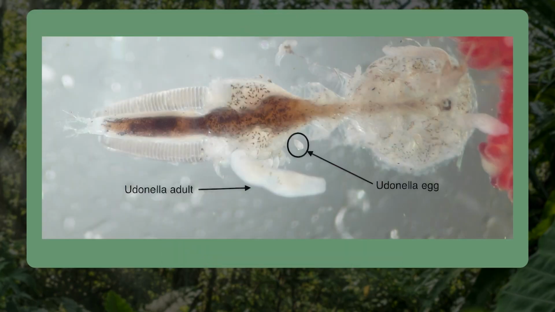Here you can see the Udonella adult attached to the posterior portion of this copepod, and then in the circle, an Udonella egg. So this adult Udonella has done its copepod host the favor of laying its eggs right there on the host. The adult Udonella exists alongside the clutch of eggs that it has just laid.